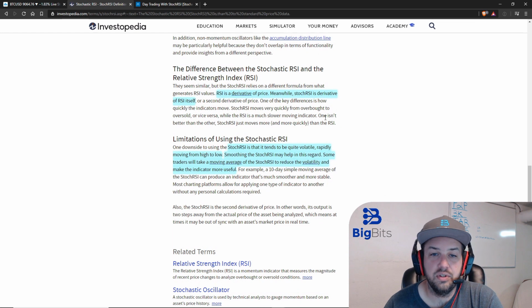As we've already talked about, RSI is the derivative of price, and stochastic is basically momentum. So you're taking the momentum of the price action, which also means you're working with really fast changes.